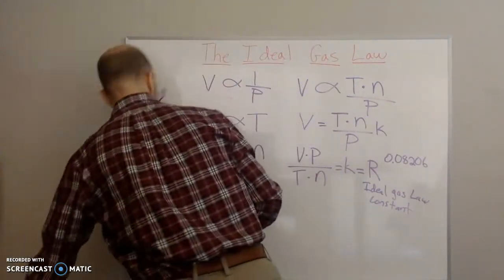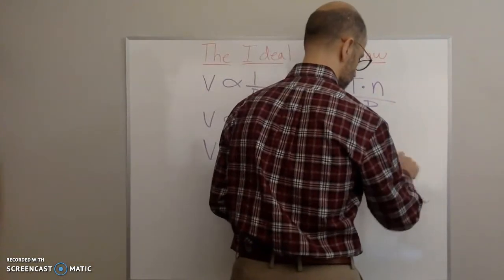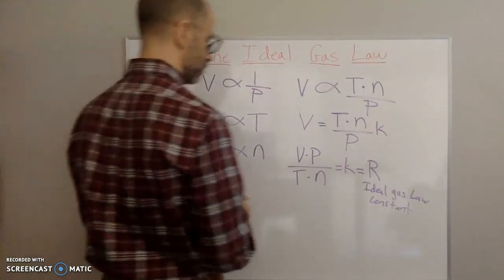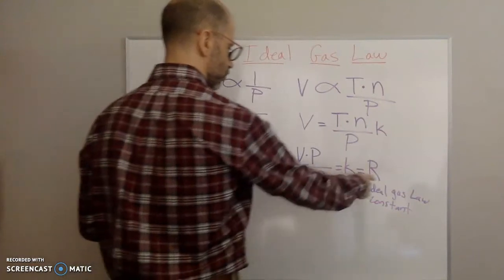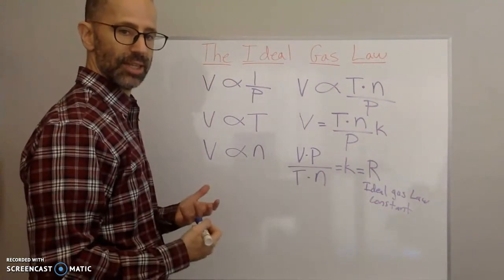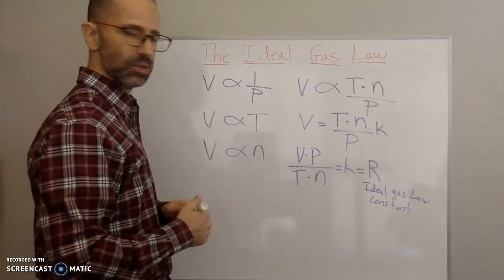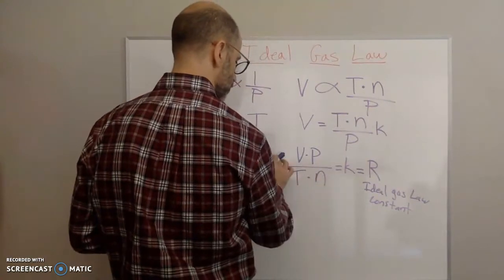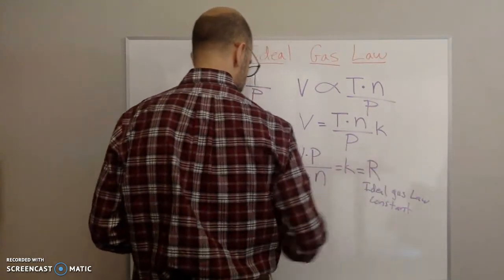Let me erase this so I have more space. Let's write the ideal gas law in the normal way in which we write it. We multiply both sides by T and N to get them on this side.